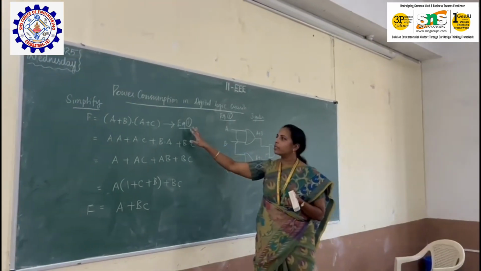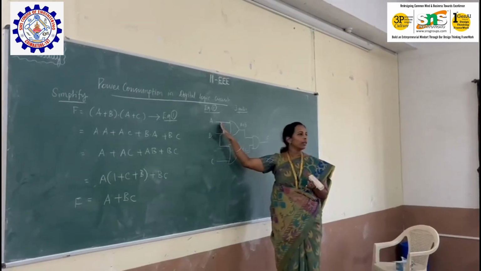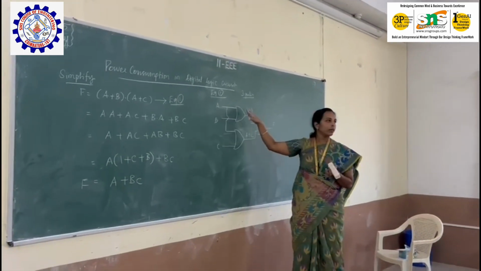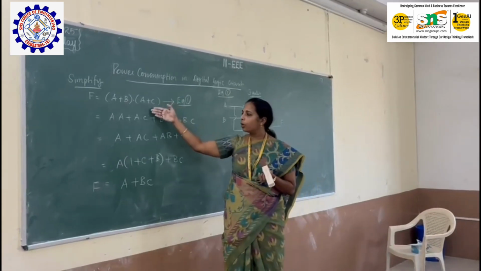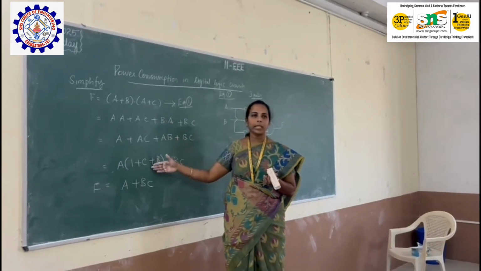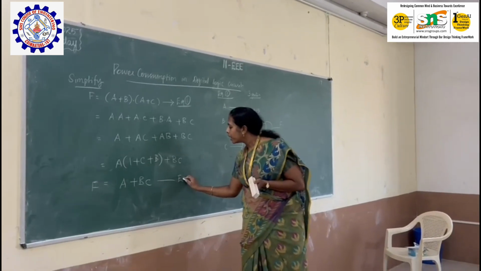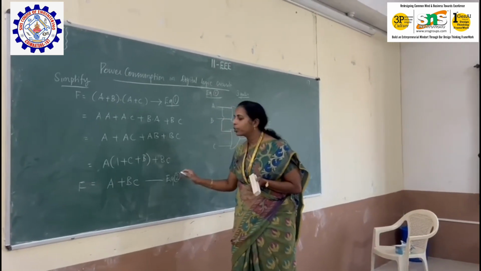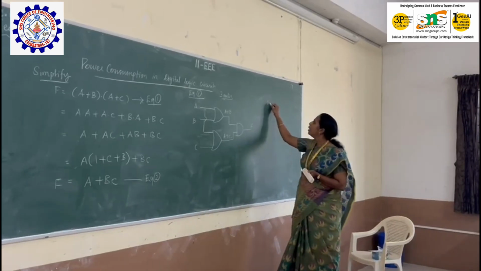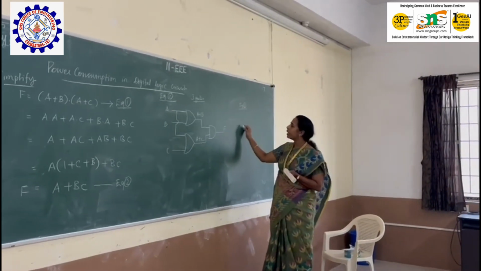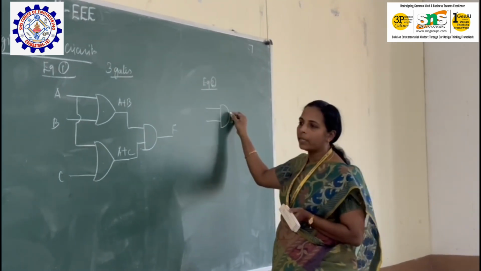So this is the first equation, which we have drawn without any simplification, and 3 gates are required. We have applied certain laws and reduced the expression, and finally this is the reduced expression. Let me consider it as equation 2. I am drawing the circuit for equation 2. We have B and C, which are given to an AND gate.